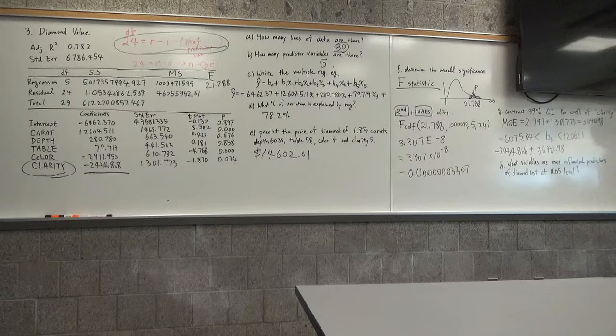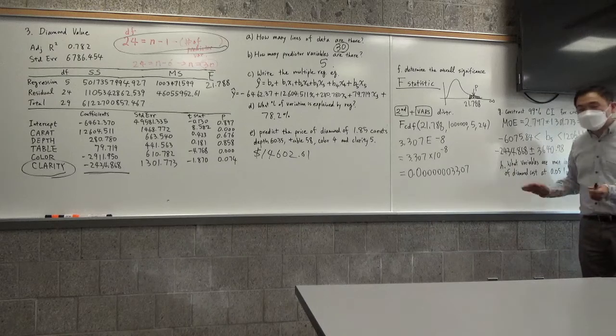Okay. So last question here. What variables are most influential predictors of diamond cost at the 0.05 level? Now, I was doing a similar question the other day, and I misread the question, and I'm afraid I gave you a wrong answer. But it's not wrong.